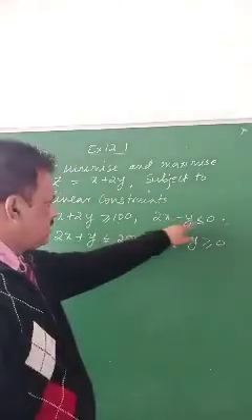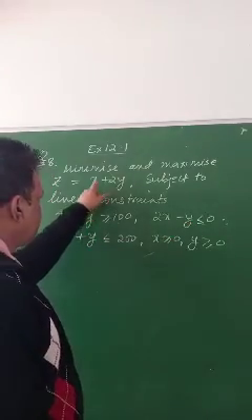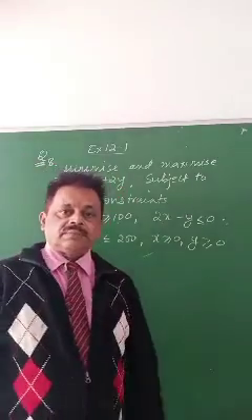So these are the positive linear constraints, meaning it is the first quadrant. These linear constraints we have to solve to find a feasible region.